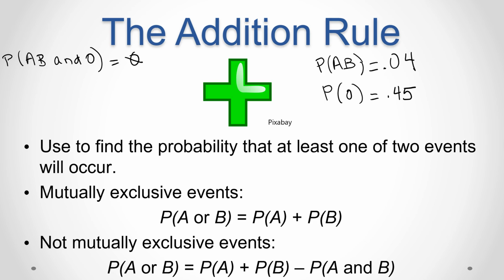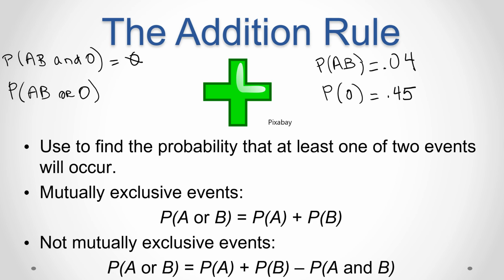Now for question B. Because these are mutually exclusive events, we can use the addition rule to find the probability that a person has an AB or an O blood type.